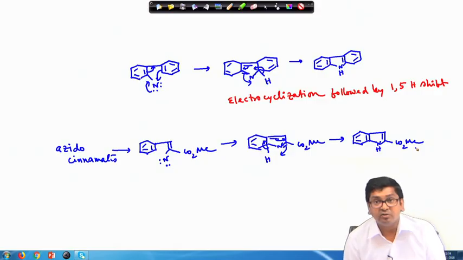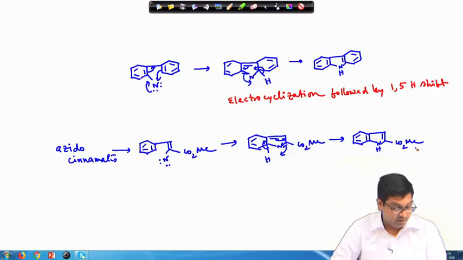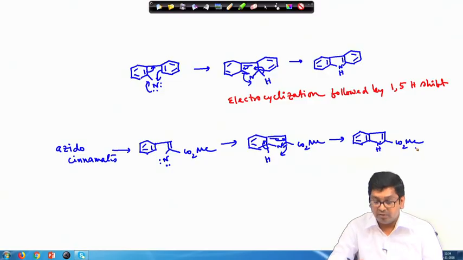So, these reactions are also following a similar mode of pathway. This is also working in a similar way.